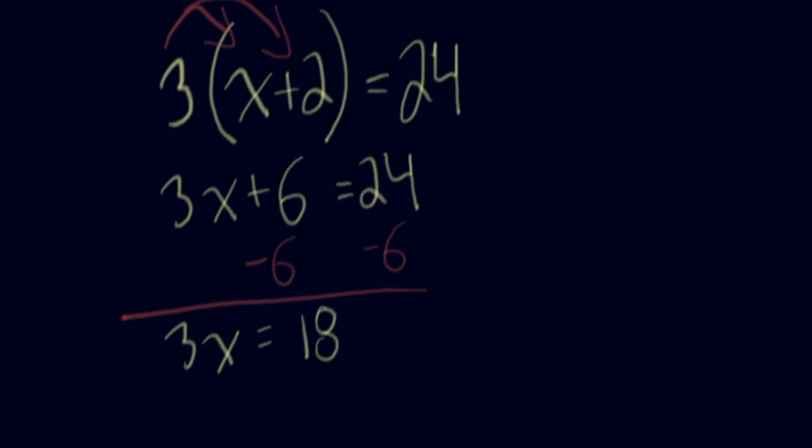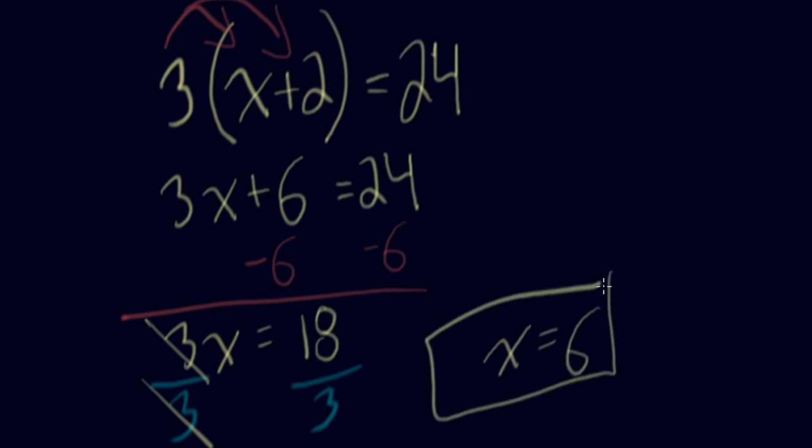So I just have to somehow get rid of that 3. The very last step is almost always going to be multiplying or dividing. So it's a good way to think about it. If you're doing that at the very end, things are good. So that will eliminate my 3's. And I think we can do this one. And x will equal 6. Okay, and there we go.